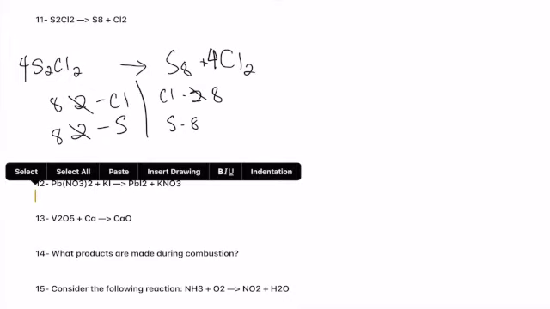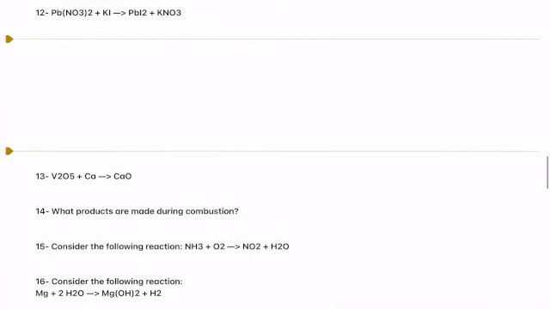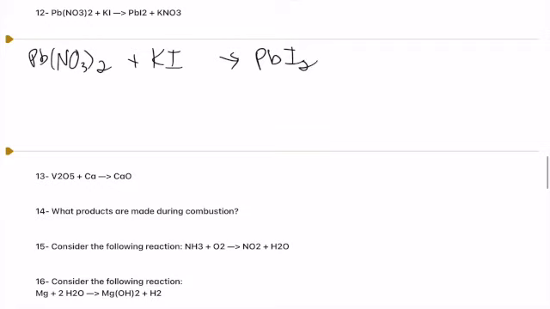Number 12, we are looking at a double replacement balance here. PbNO3, K and I to deal with on the reactants, PbI, K, N, and O to deal with on the product side.